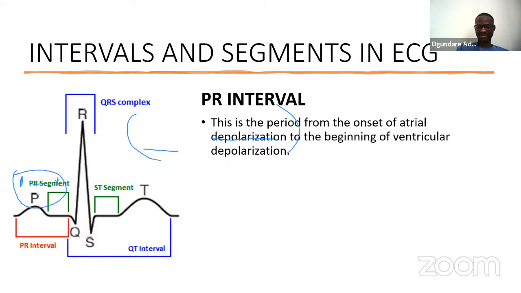Ventricular depolarization starts with Q, since QRS represents the ventricular depolarization. So the start of P to the start of Q is what we measure as the PR interval.